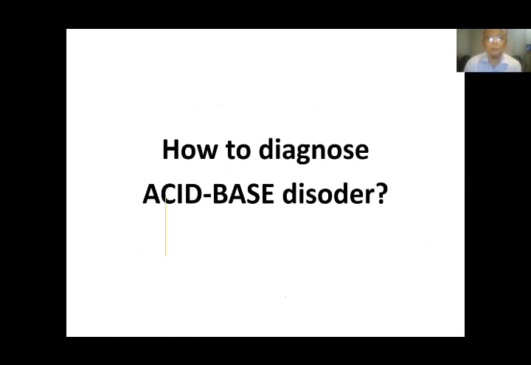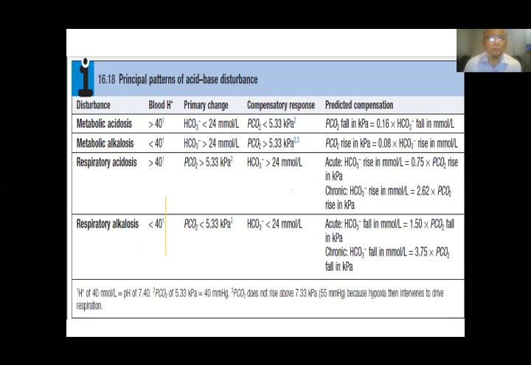Now, how to diagnose an acid-base disorder? This is very important. In case of metabolic acidosis, blood hydrogen ion will be more, that is above 40 nanomole per liter, which is equivalent to pH 7.4. And what about the bicarbonate level?